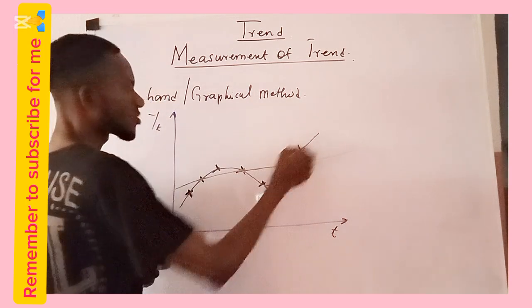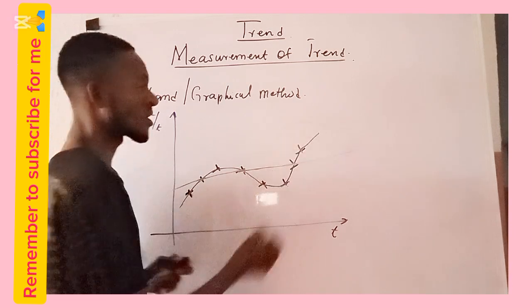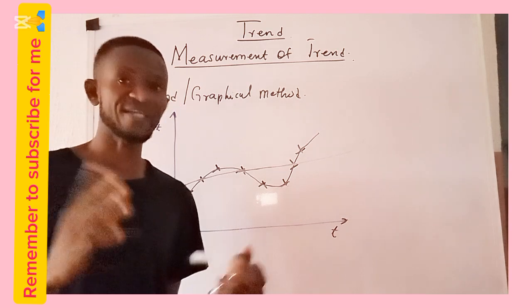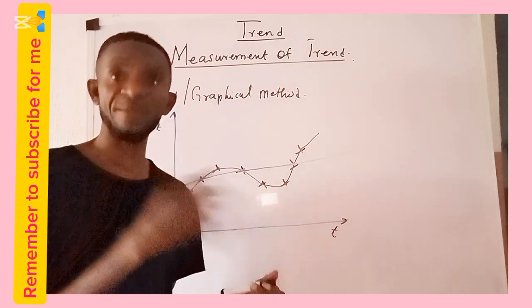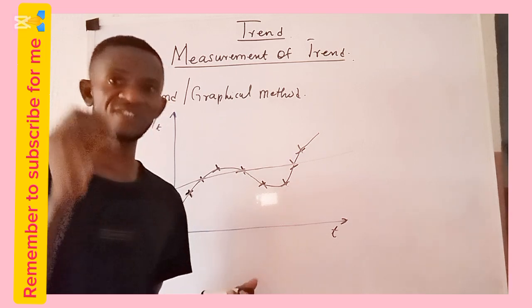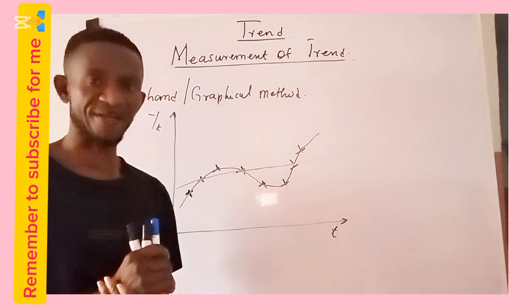If you talk about this one, you only connect two, though even with this one, you can equally connect three. And that's the reason why in the use of freehand, you can see a lot of trends drawn by people differently, but they might be estimating almost the same thing. So this is what we mean by freehand.